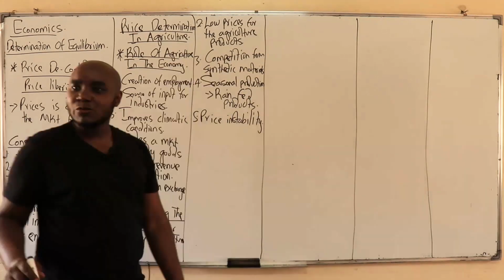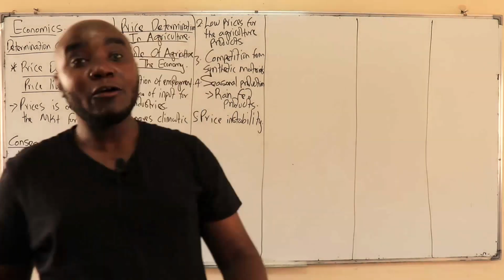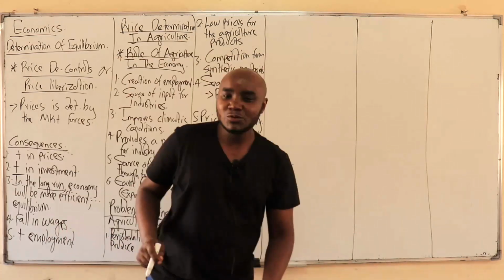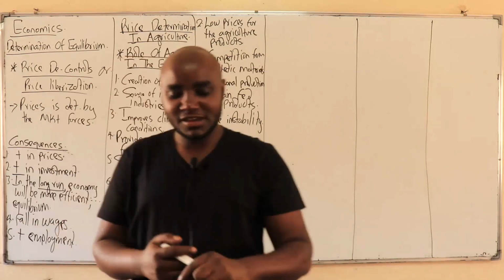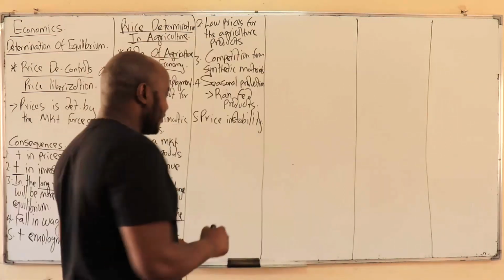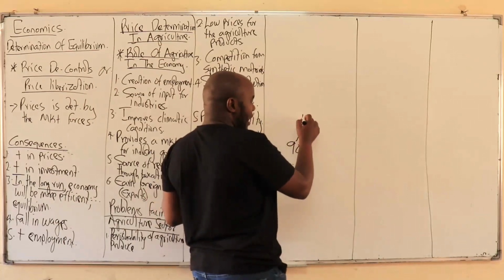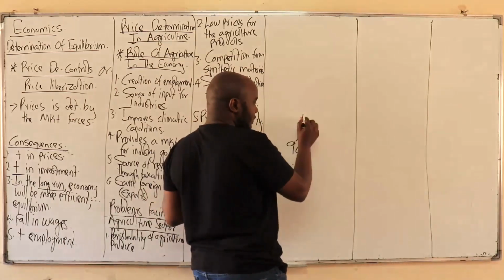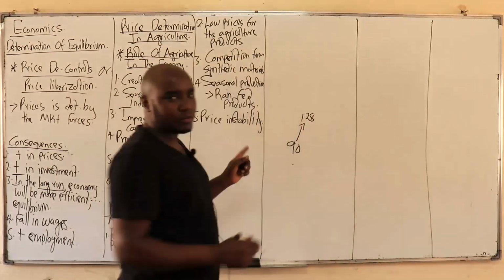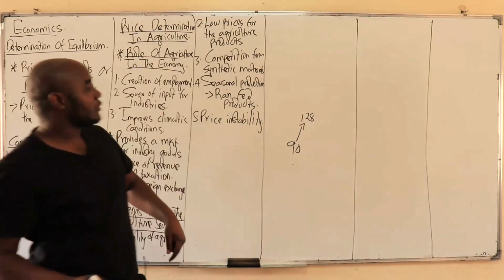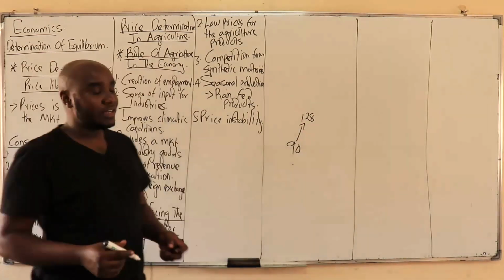Last year was one of the best years for the coffee farmers. One kilogram was being bought at most of the places, from 90 all the way to 128. The best one that I had was 128, although there are others who produce for themselves even at 200.